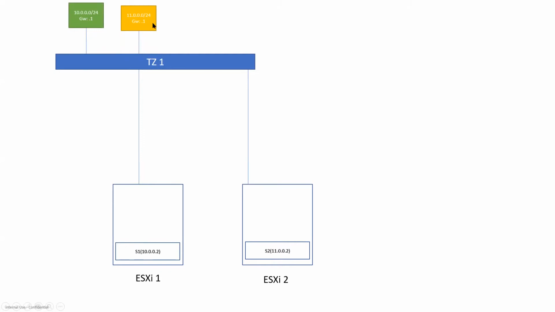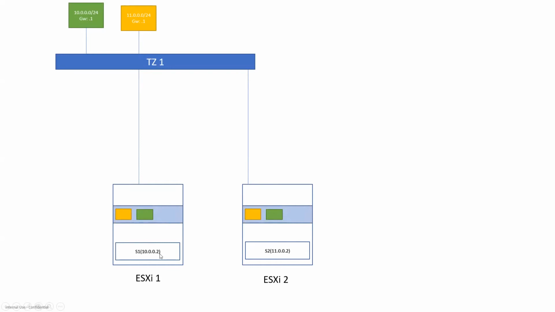So I associate these two segments as part of transport zone 1, which means whichever host has this transport zone associated, there will be a logical segment or a port group. For an example, the port group will be created there. So the moment I associate the segments to the transport zone, this transport zone will be part of different hosts.